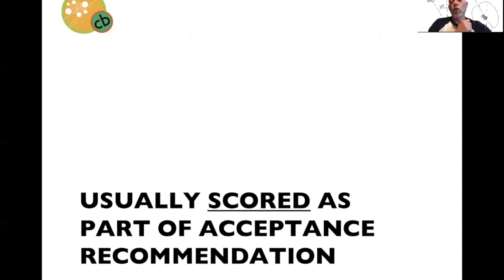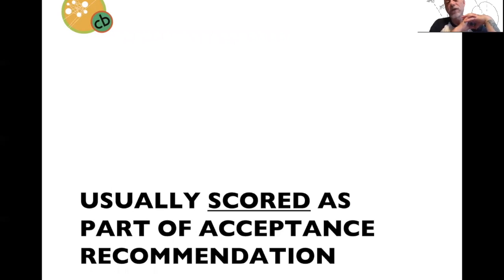So what do you do with your evaluation of the conclusion section? Obviously, you're going to talk about it in your written comments to the authors, but how do you score it? Well, your evaluation for this is usually scored as part of the acceptance or rejection recommendation.